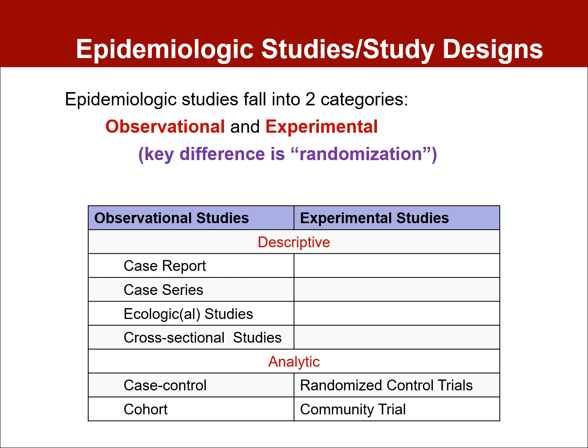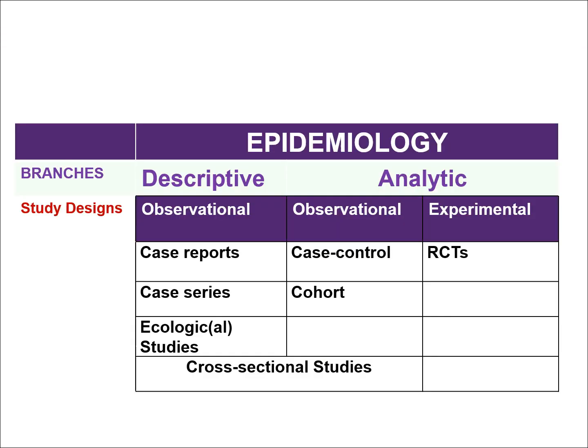One of the key benefits of descriptive study designs is that they help us generate hypotheses that we can now test in an analytical setting, whether observational or experimental. Again, you've seen this before. It's the same thing I just discussed on the previous slide.